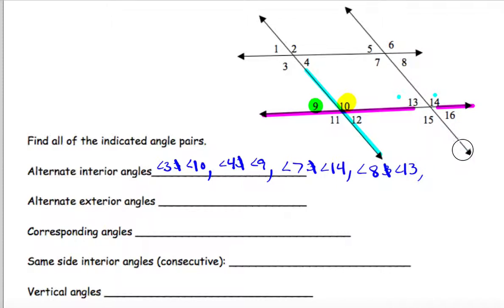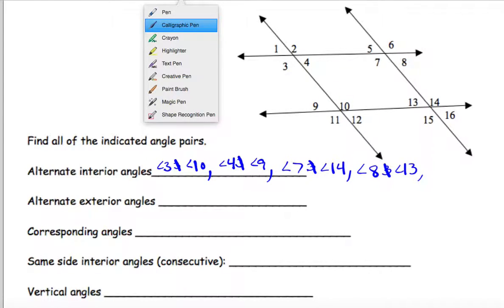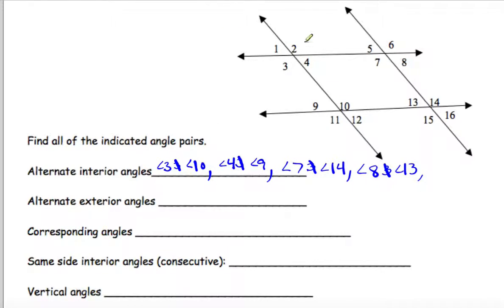And there's more because there are so many transversals and so many pairs of lines in this image. So let's now say that I am using this as my pair of lines in pink, and let's use this transversal up at the top first.